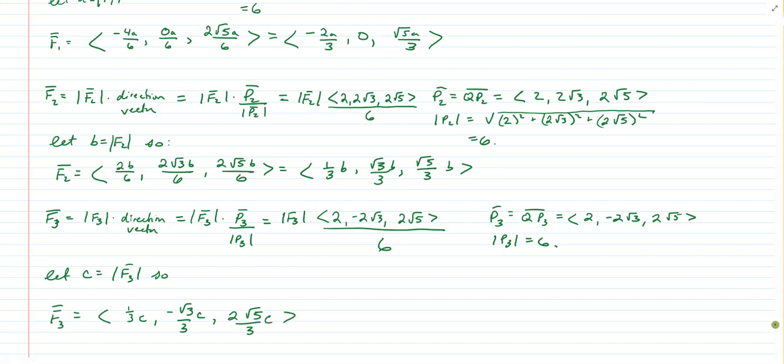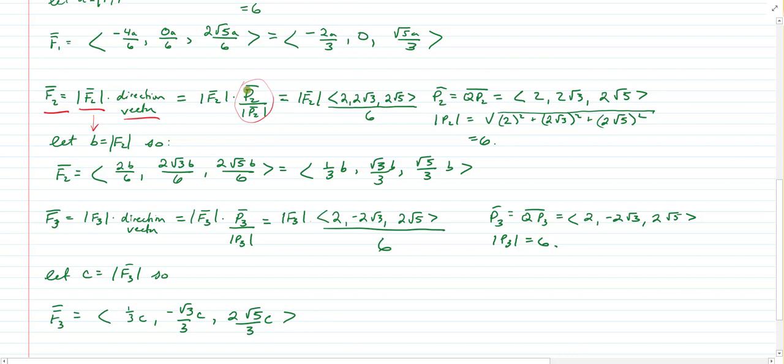So folks, what I've done here is in each one of these cases, I thought of our force as being the magnitude of whatever that force is, which we'll later call B or C appropriately, times a direction vector. I needed it to be a unit direction vector.